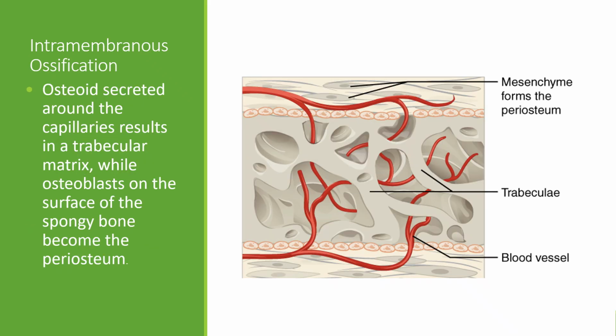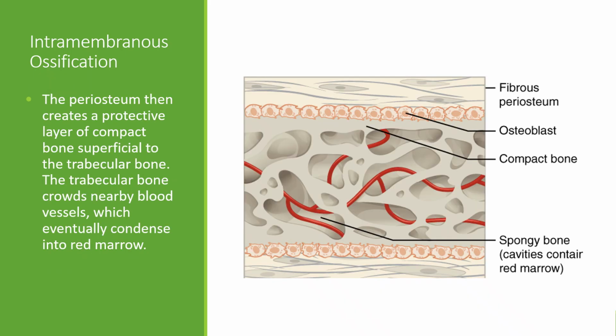The osteoid that's secreted around the capillaries is going to result in the trabecular matrix, while the osteoblasts on the surface of the spongy bone become the periosteum. The periosteum then creates a protective layer of compact bone superficial to the trabecular bone. The trabecular bone crowds near the blood vessels, which eventually condense into the red marrow.